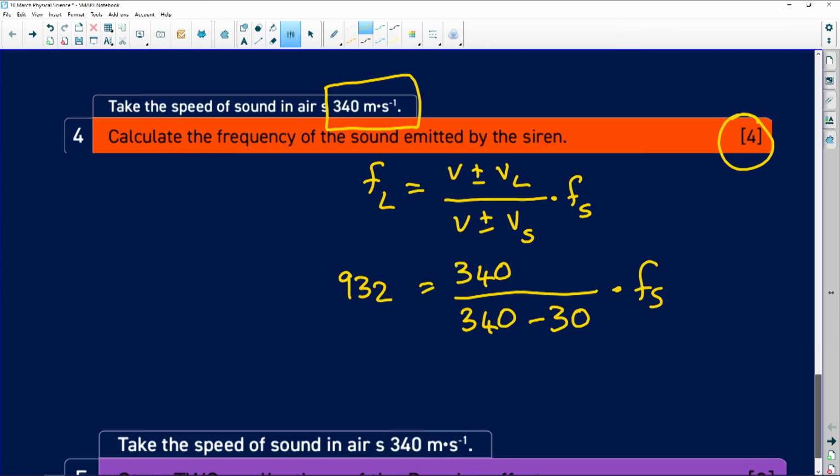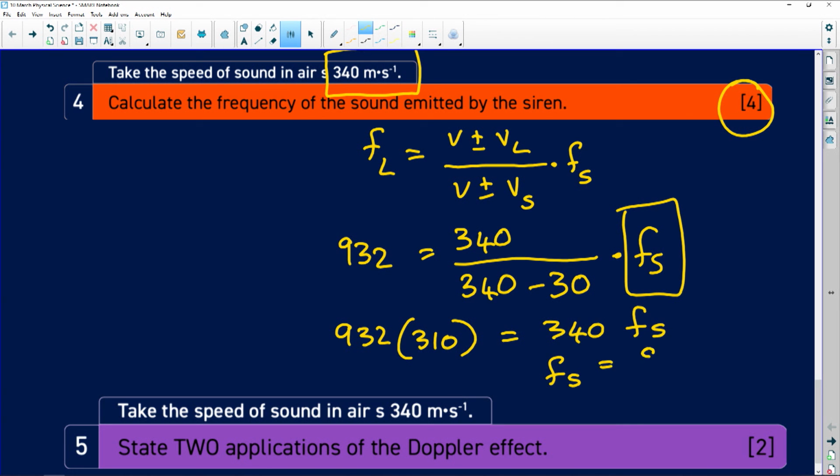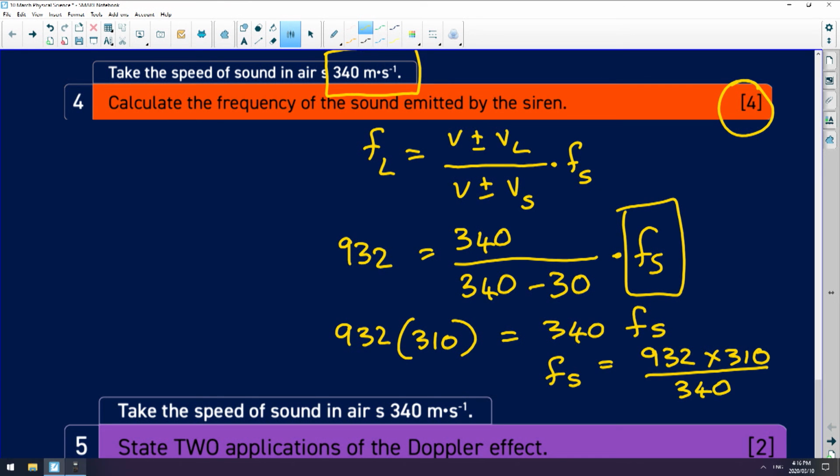And now we can just solve for the frequency of the source. So we're going to go 932 multiplied by 310 is equal to 340 times the frequency of the source. So the frequency of the source is equal to 932 multiplied by 310 divided by 340. And all we need to do is put it into our calculator quickly.